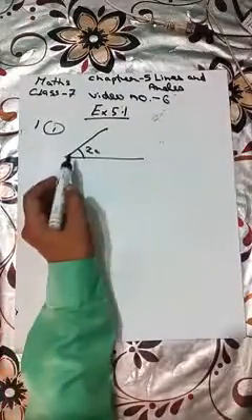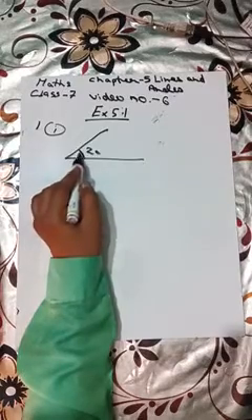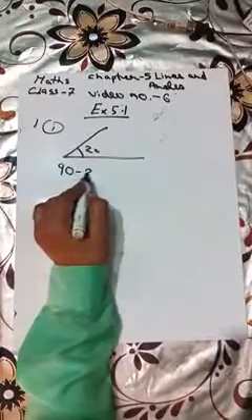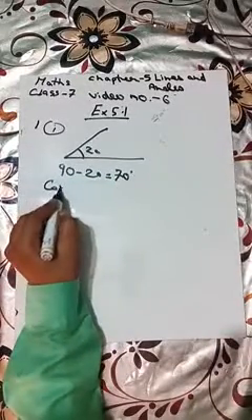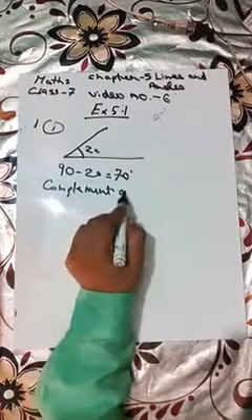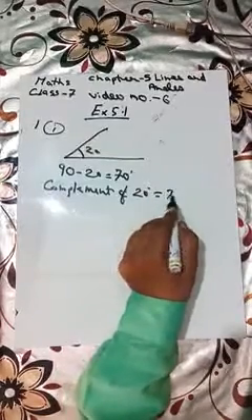We know that complementary angles, the sum is 90 degree. So, if it is 20, the other will be 90 minus 20, that is 70 degree. So the complement of 20 degree is 70 degree.